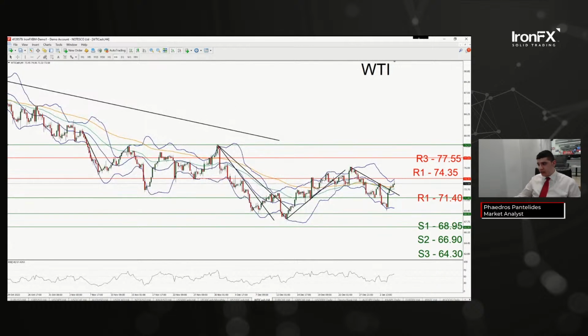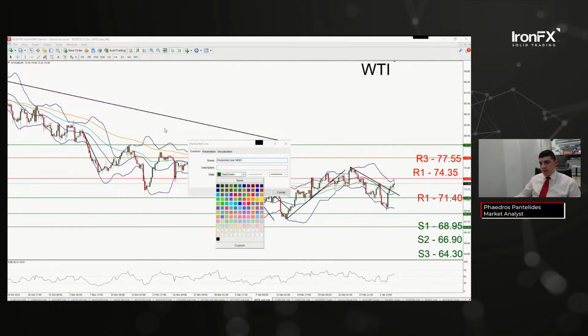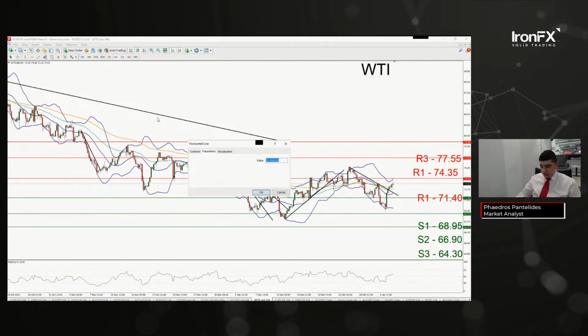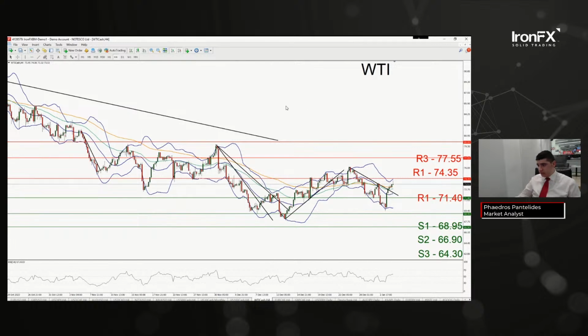Yes, it is slightly close to R2, but in this case, given the distance between the resistance levels, it's not that bad. It's okay for now. Or if you'd like to play it slightly more on the safer side, we could take this previous low, which is potentially a resistance level as well. And if it becomes the big figure 80, a key resistance level, that would be our R3.